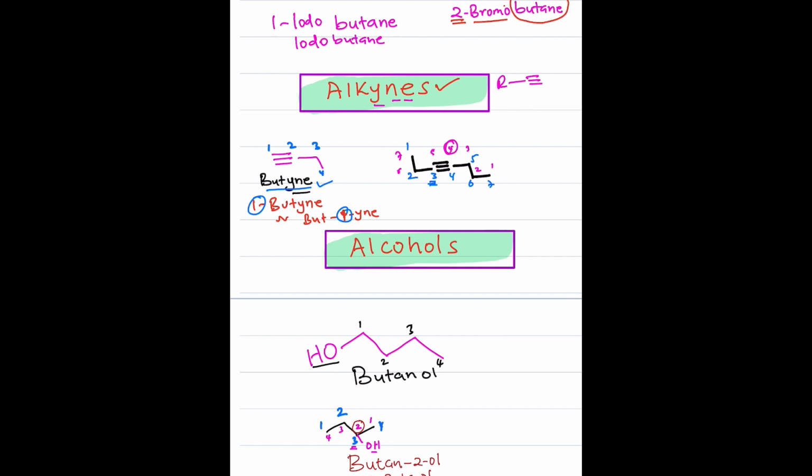So counting from the left wins, and therefore the name of that will be 3, and then because it has 7 carbons, that's heptane. So 3-hept, instead of ane, which is for alkane, it becomes heptyne, because now we're dealing with a triple bond. Or you could just say hept-3-yne.